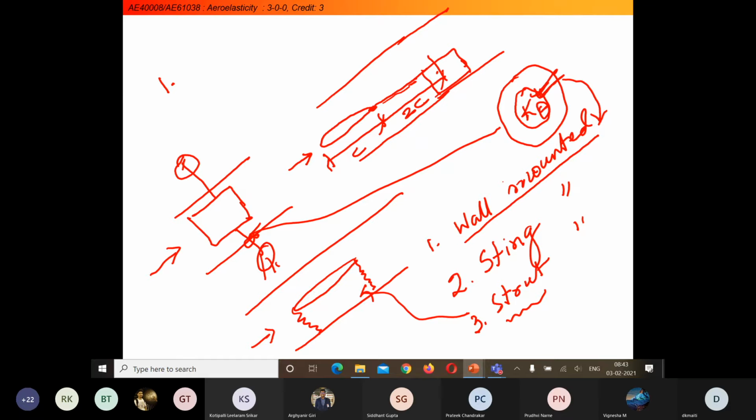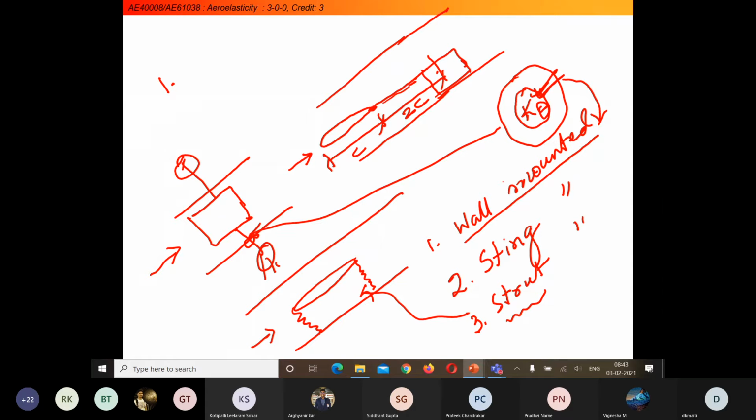I'll be starting with the new topic that is called control surface reversal or control surface effectiveness. Sometimes we call it control reversal or control surface effectiveness. There I'll be discussing some physical phenomenon with a single degree of freedom system.